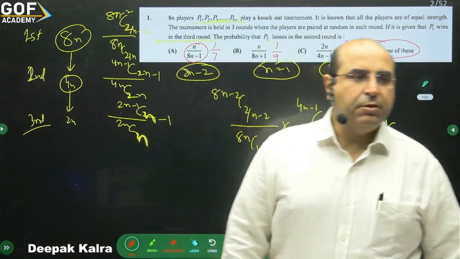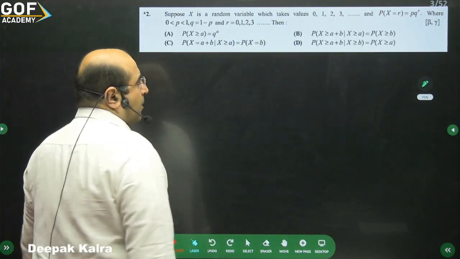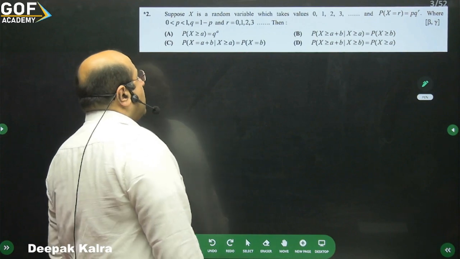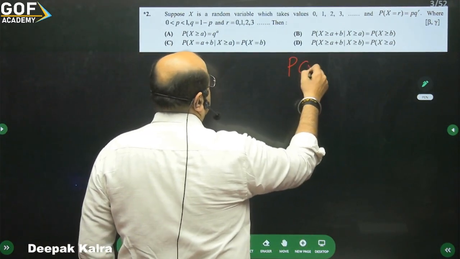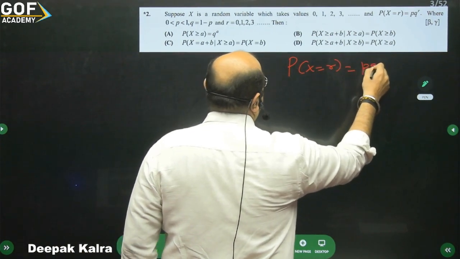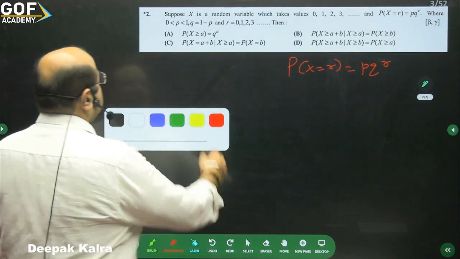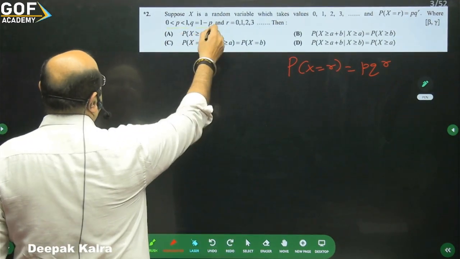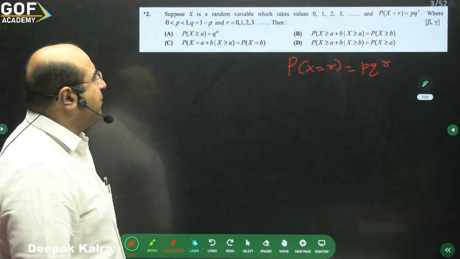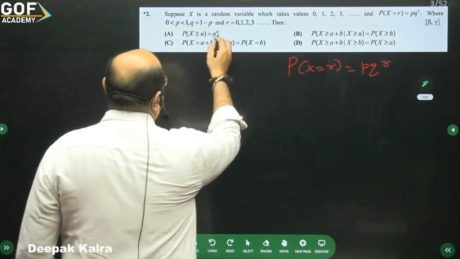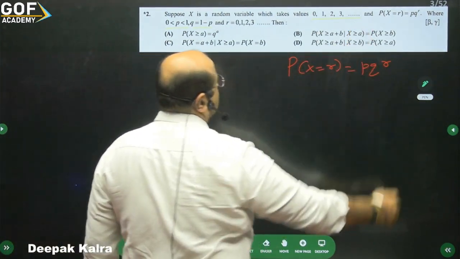Two also. Okay, 2, let us see 2. X is a random variable, P(X = r) is equal to p q raised to the power r, where p is the probability of success and q we can take as the failure. It is a binomial probability distribution type of thing. X greater than or equal to a, and it is not ending anywhere, running till infinity.